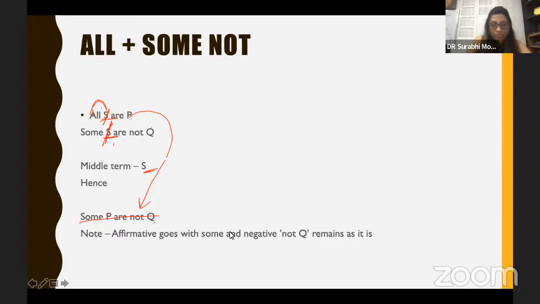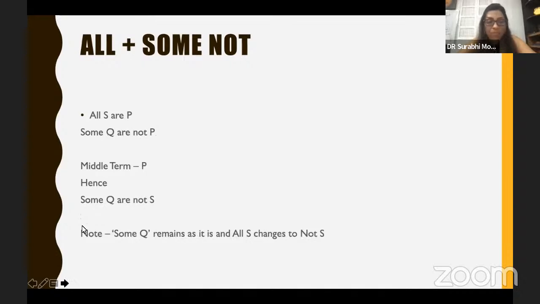So see here, affirmative is written with some and negative remains not Q. Give me a thumbs up if the second case is clear. And then we move to the next case.